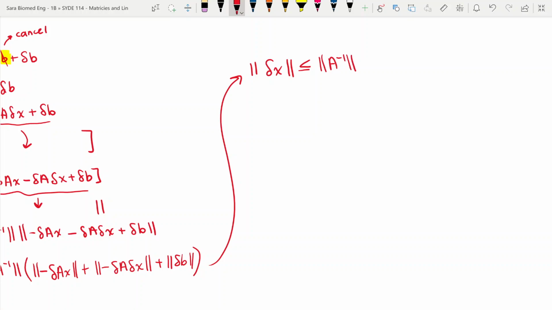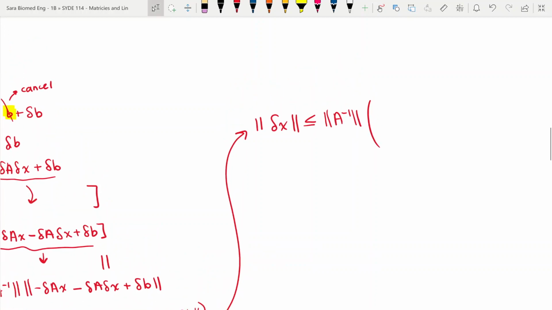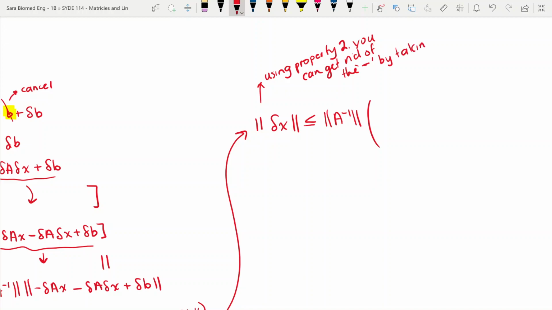I'll just write it out. So it's the absolute value of minus 1 times the norm of delta A x, plus the absolute value of minus 1 times the norm of delta A delta x, plus the norm of delta b. Basically I'll just take the negative 1 out, because the absolute value of negative 1 is just 1, so it just disappears.